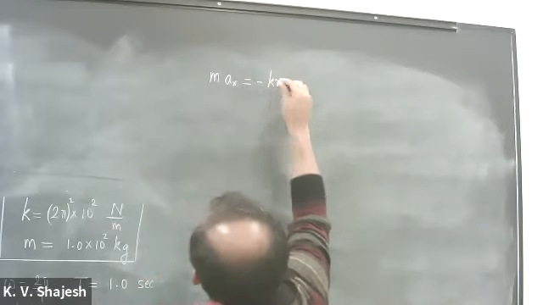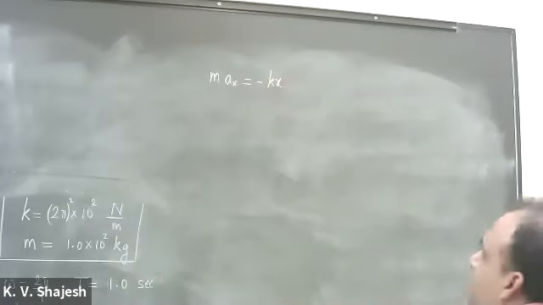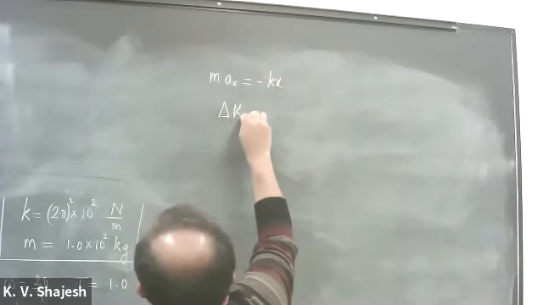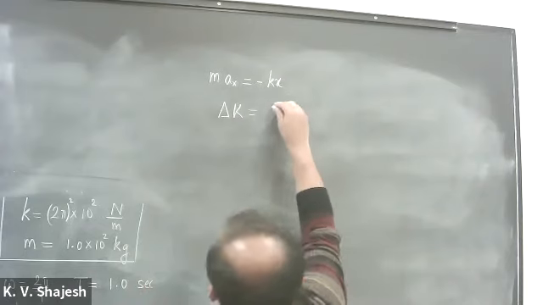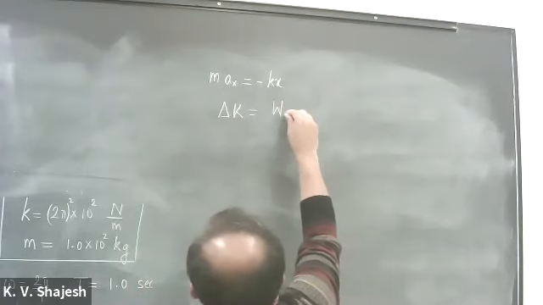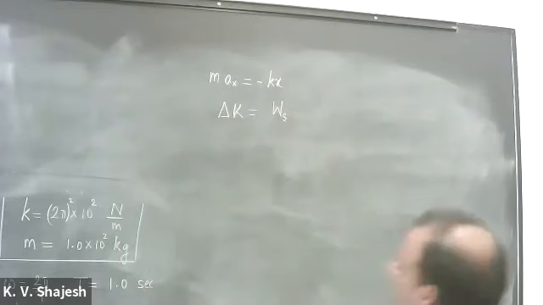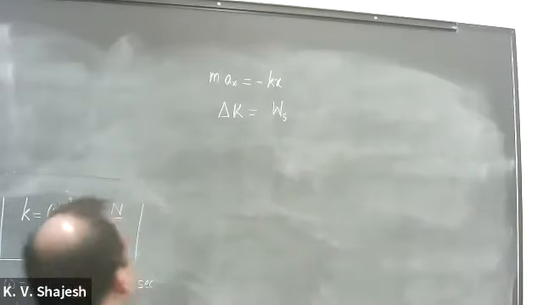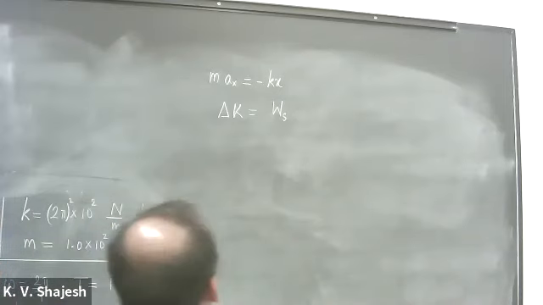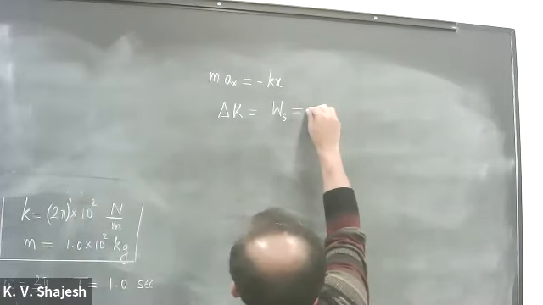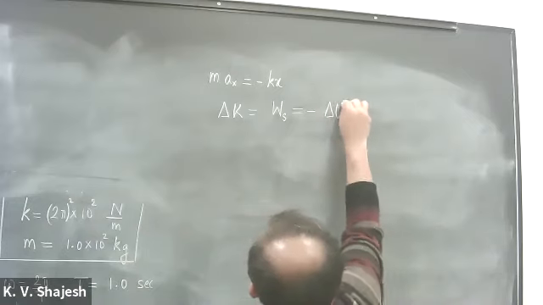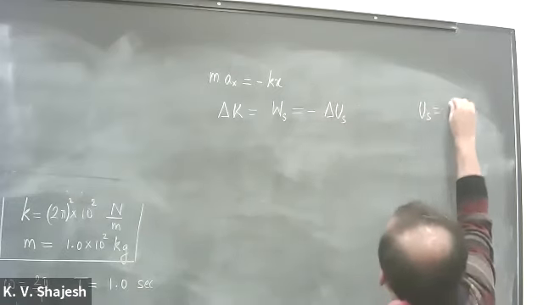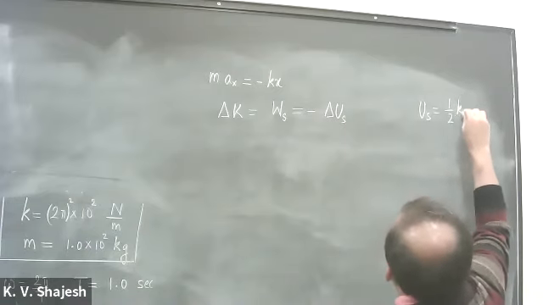That's the only force associated with that. So the change in kinetic energy will be equal to the work done by the spring force. We called it Ws. But since the spring force is a conservative force, this is the same as negative potential energy due to the spring. And potential energy due to the spring, we said, is half kx squared.